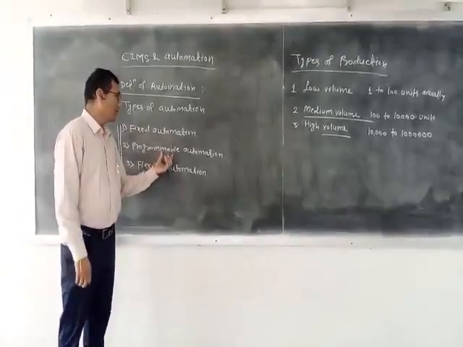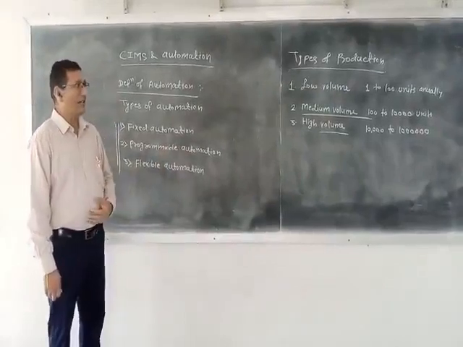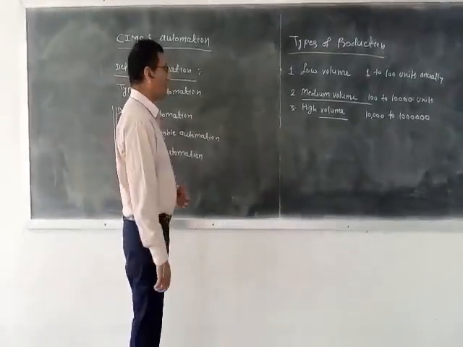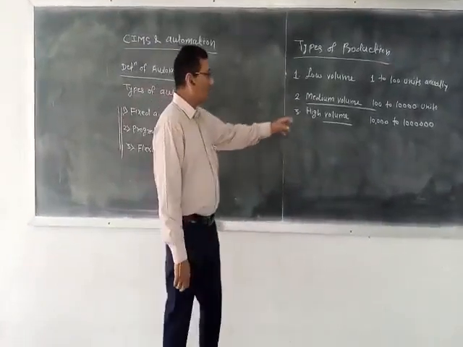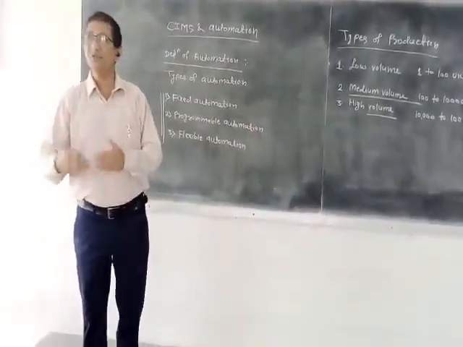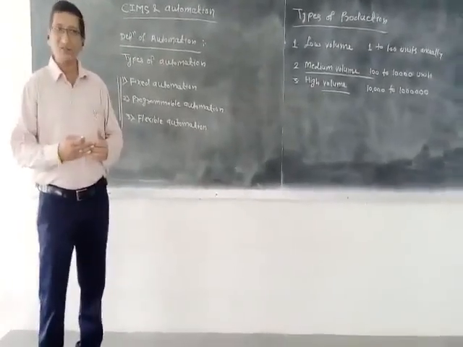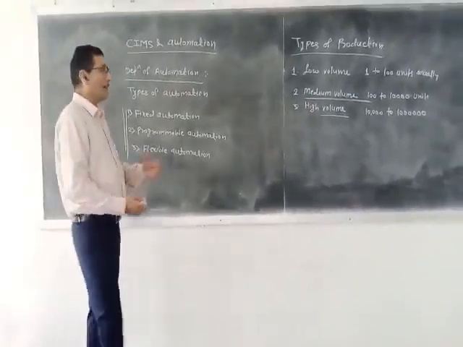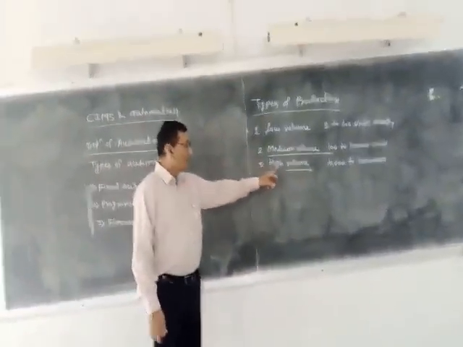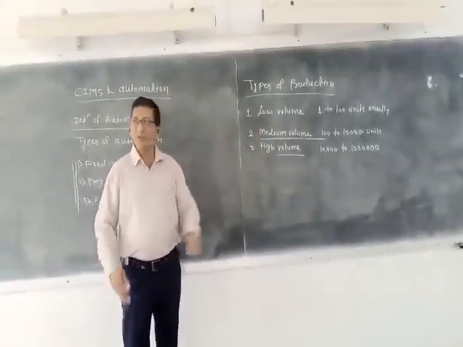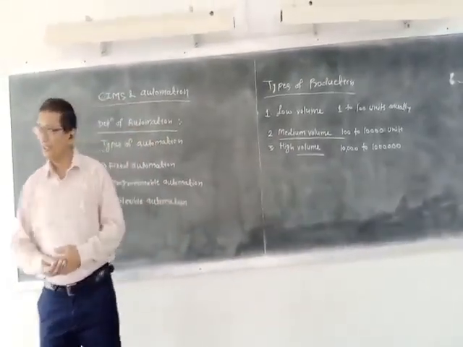When you talk about programmable automation, it can be used in case of medium volume products. Why? Because here we have less quantity and more variety of the product. In high volume production, we stick to quantity only, whereas in medium volume we go for variety rather than quantity.